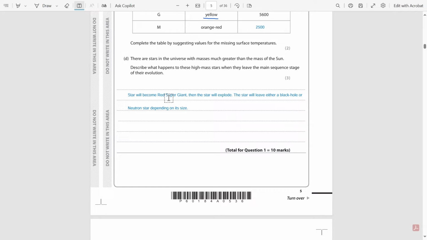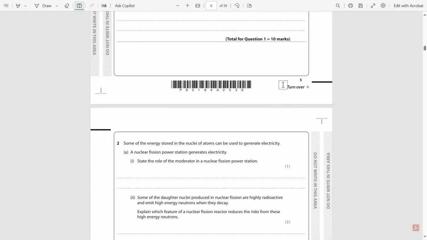This causes the star to enlarge again, because the outward force becomes greater than the inward force of gravity. Then it starts fusing helium fuel for another few years, and after that, when it runs out, it will collapse on itself and create a black hole or neutron star. Okay.